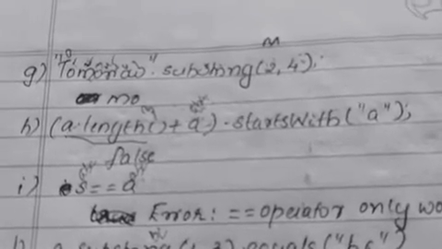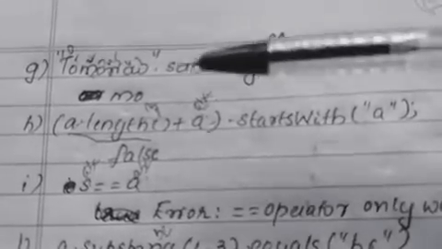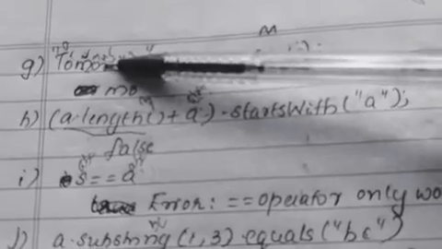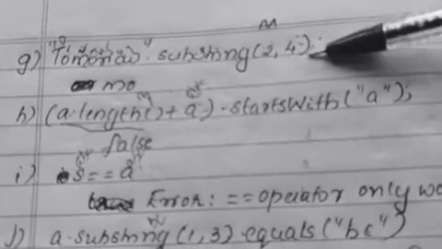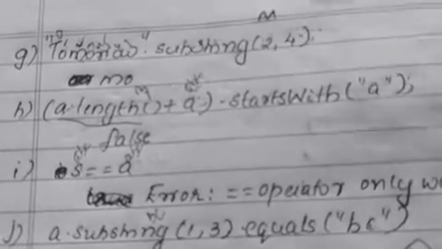All these things we have already discussed in our previous classes. I hope it's clear to you. So this is the output. 2 to 4 means from index position 2 to 3, that is the last index position minus 1. Those are the characters we want to extract.